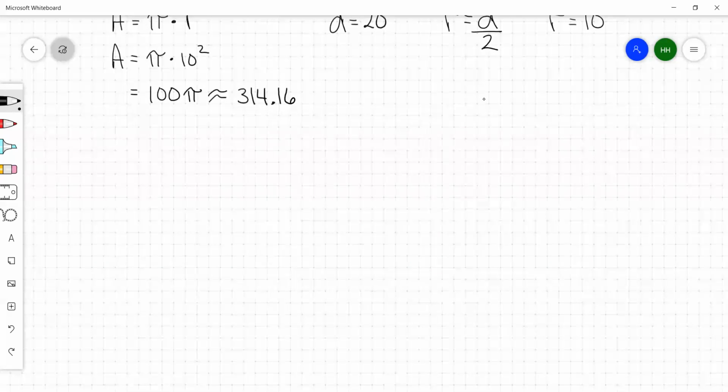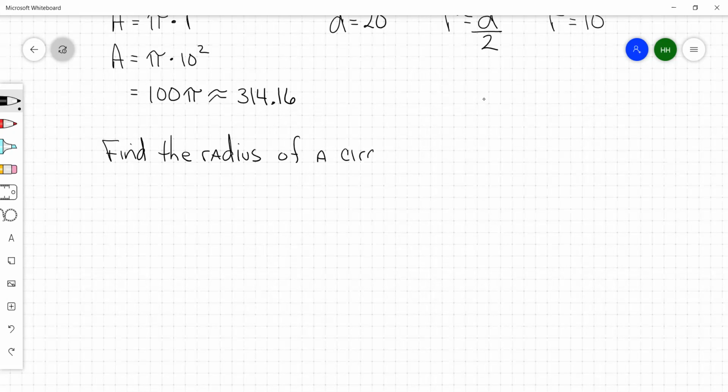You're going to get asked some questions. Find the radius of a circle with area of 95.